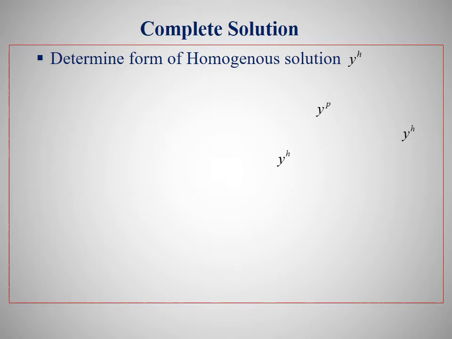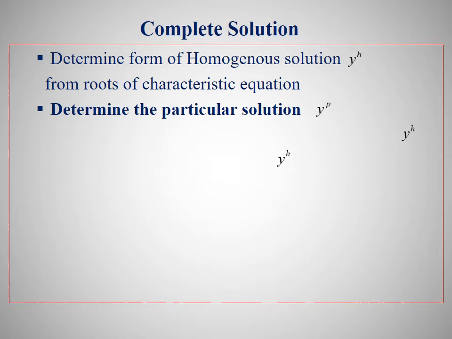In order to obtain the complete solution, some steps are required. Let us try to understand the steps necessary to obtain a complete solution for a differential equation or a difference equation. The first step is to determine the form of the homogeneous solution yh from the roots of the characteristic equation.